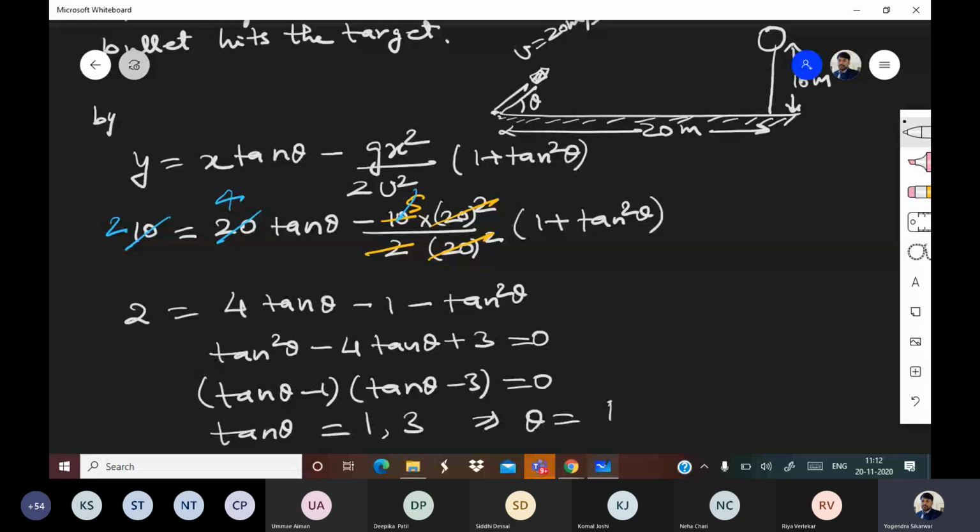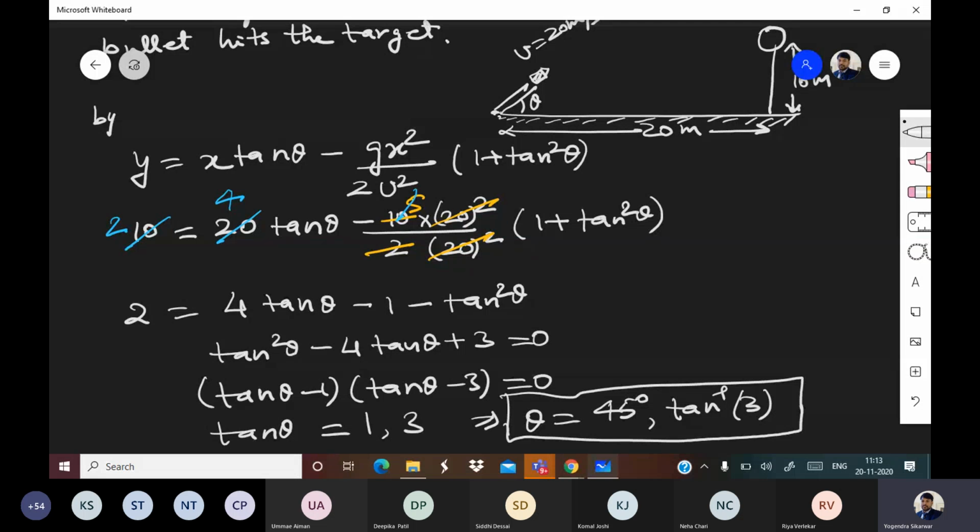That means theta is equal to either 45 degree because tan 45 is 1, or theta is equal to tan inverse 3. So both of these answers are correct and important. Understood, everyone?